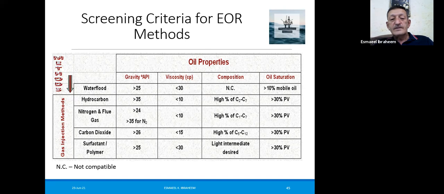For nitrogen and flue gas, for example, gravity should be greater than 24 degrees, but for nitrogen, you should have more than 35 degrees. Viscosity should be less than 10 centipoise, and you should have a composition with a high percent of C1 to C7. Oil saturation should be greater than 30% of volume. Then you can decide which method.